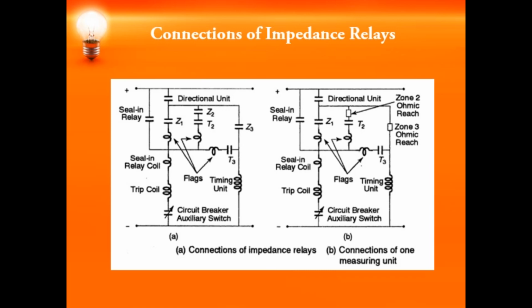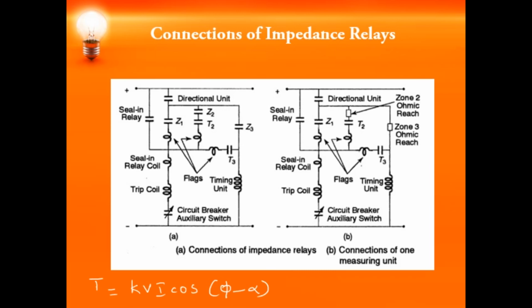When we consider the directional unit, we again neglect the spring effect, and the torque equation is given by T equals K into V into I cos(phi minus alpha). Phi is the angle between V and I. Alpha is the angle of maximum torque.